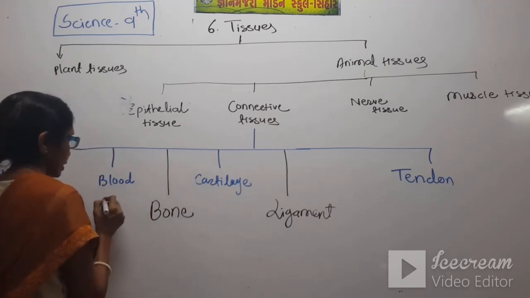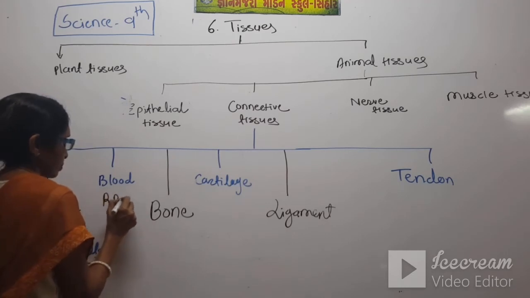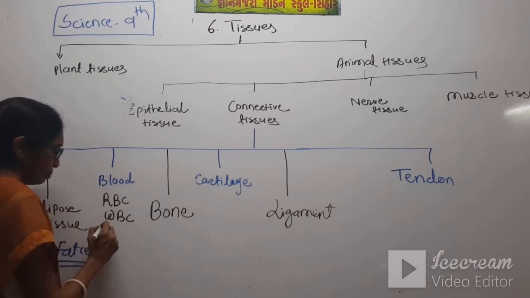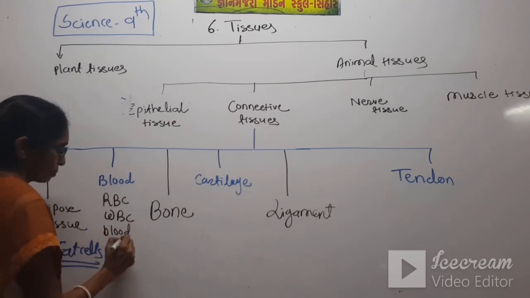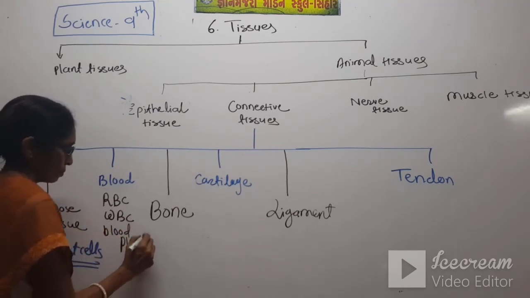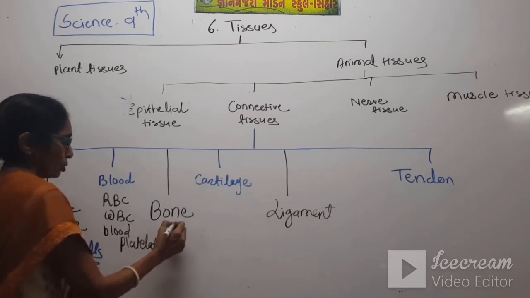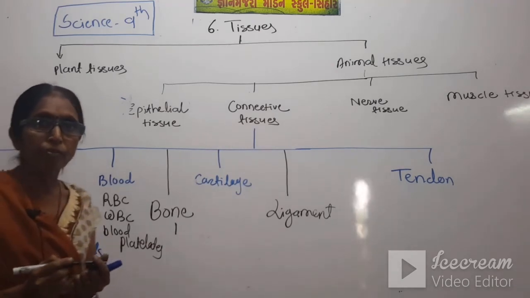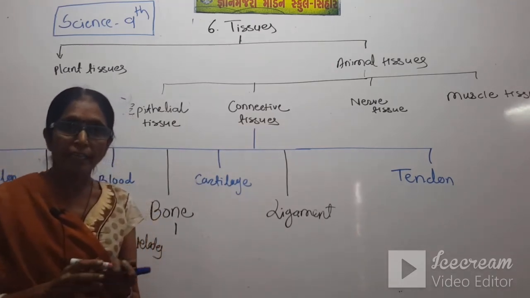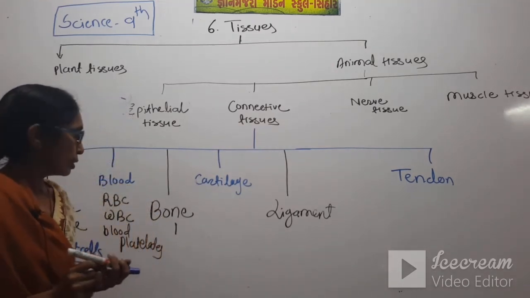So here we can say RBC, WBC and blood platelets. So these types of connective tissues are in our blood.